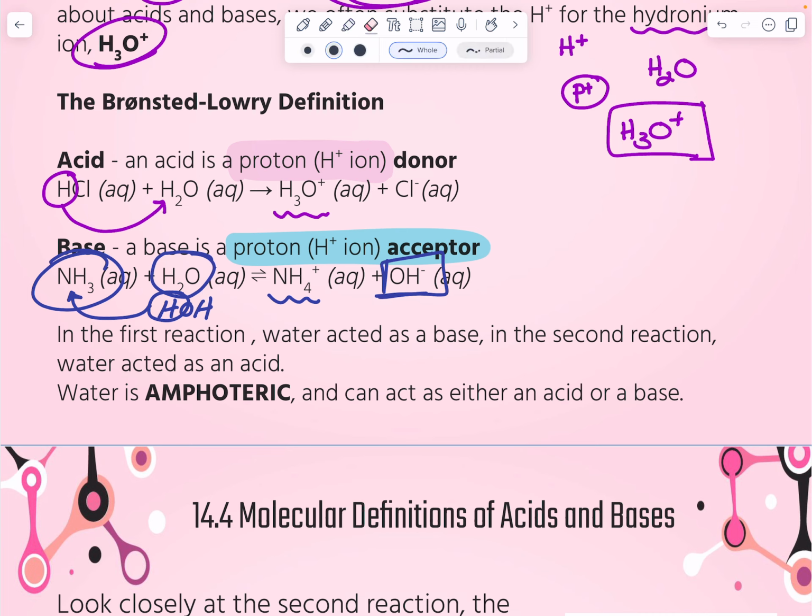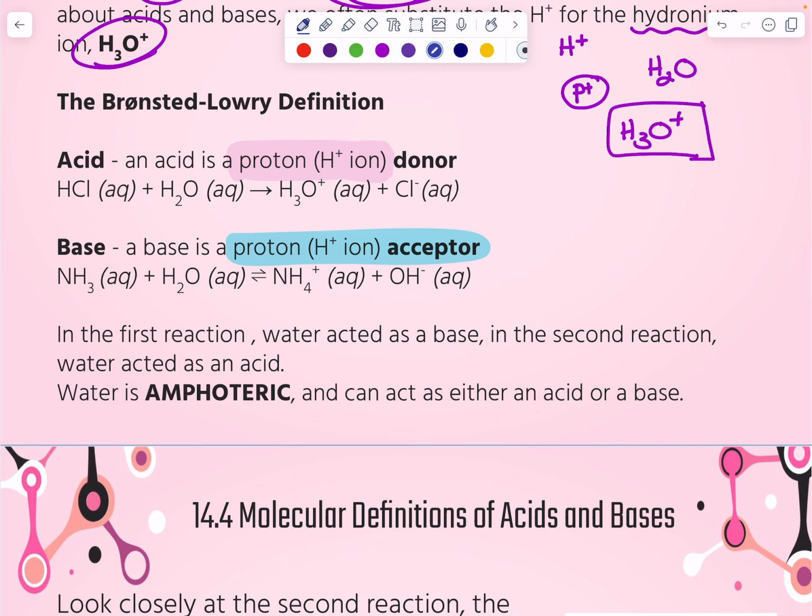And now another strange thing you may have noticed is going on here. Let me just erase all these. If I look at water in this case and water in this case, what has been going on? Well, here, water accepted the hydrogen. Does that mean that water was acting as a base there? Seems like it.